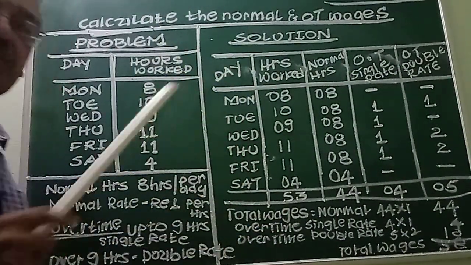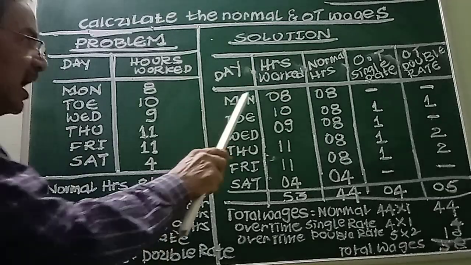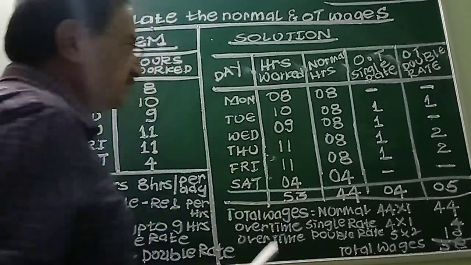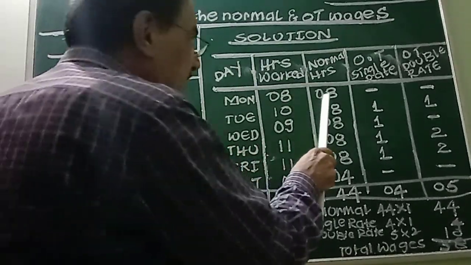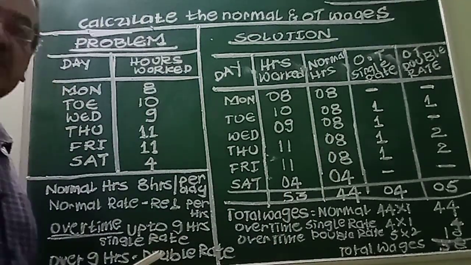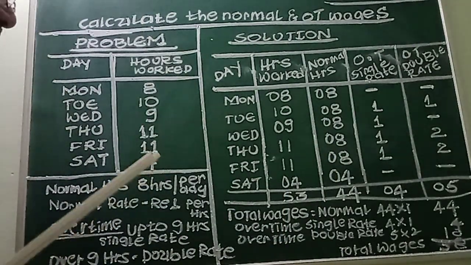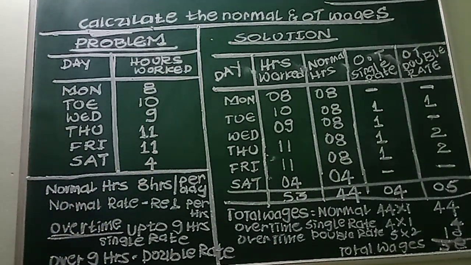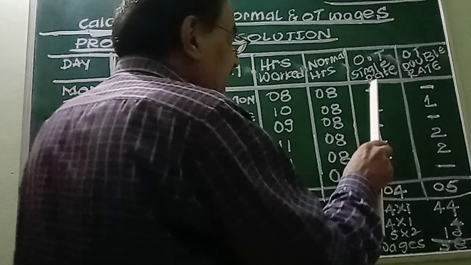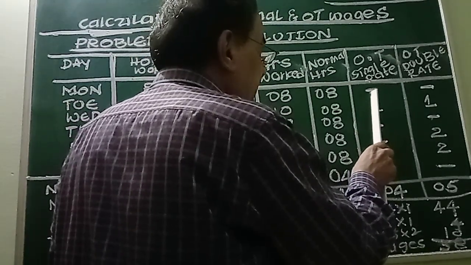For example, you take Monday. Hours worked is 8 and normal hours fixed is also 8. So he is not eligible for any overtime wages.